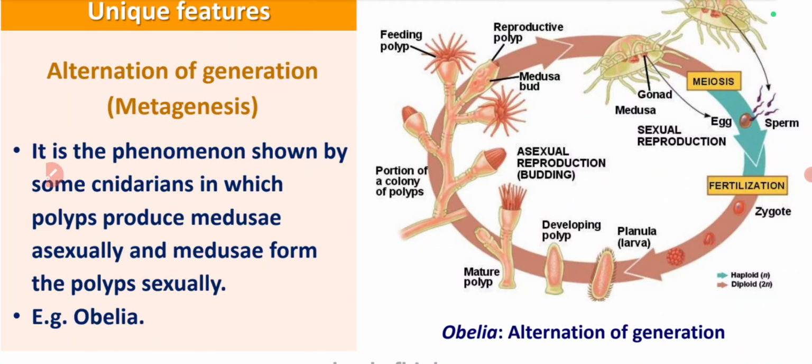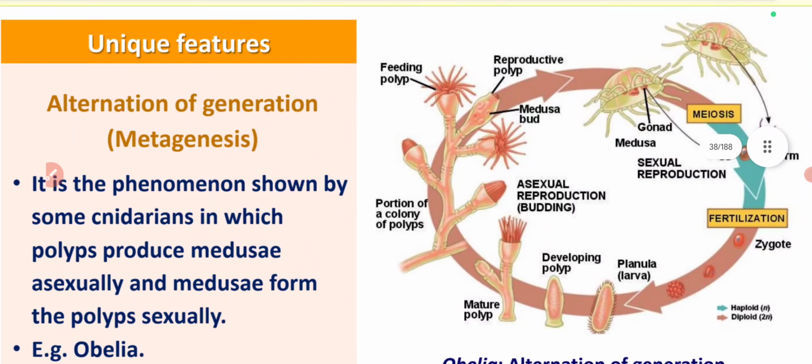If the Obelia reproduces asexually, it produces the medusa form. And if the Obelia medusa reproduces sexually, the polyp form is formed. That is called alternation of generation.